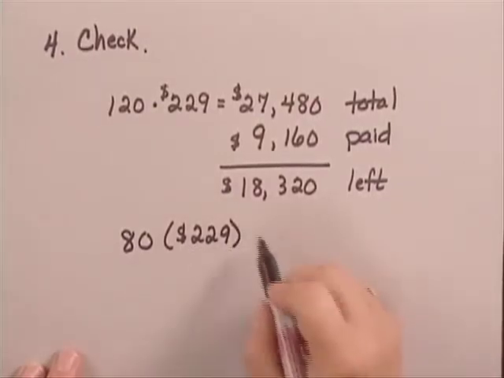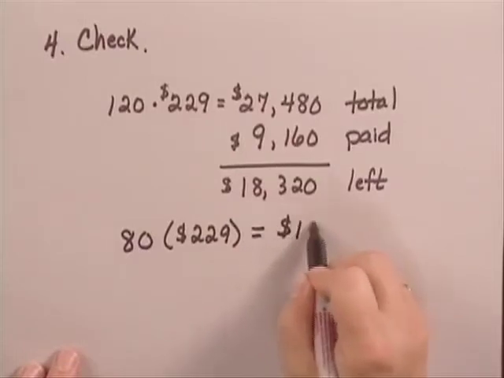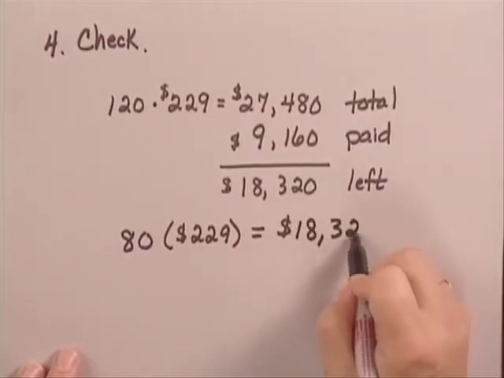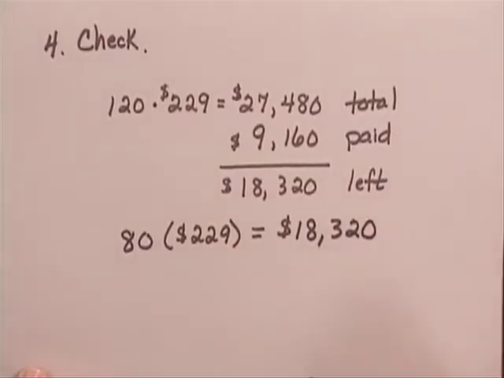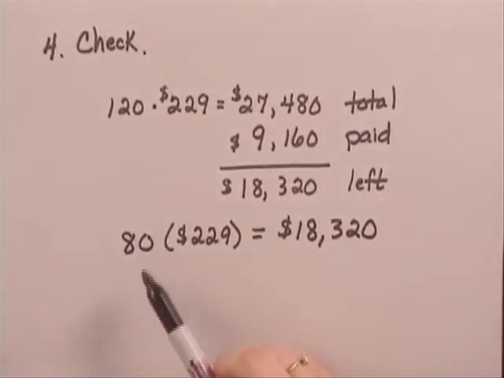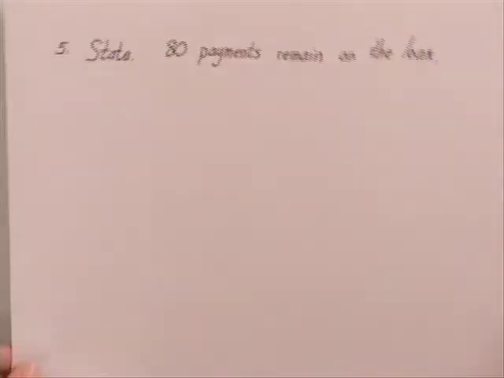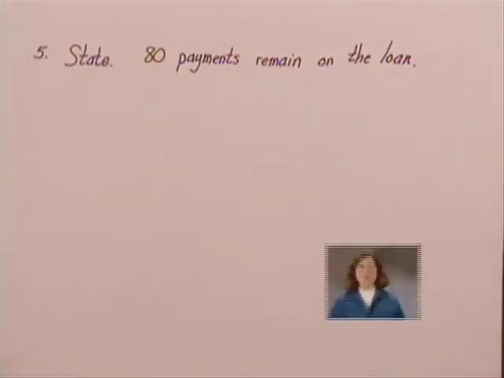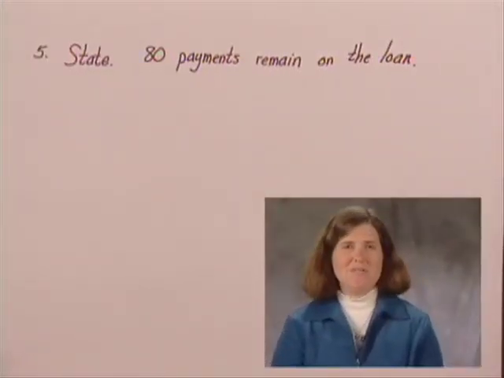And if you carry out that multiplication, you do get $18,320. So we checked our problem by looking at it a slightly different way, and we found that indeed there are 80 payments left. We state our answer in a complete sentence. For the fifth step, 80 payments remain on the loan.